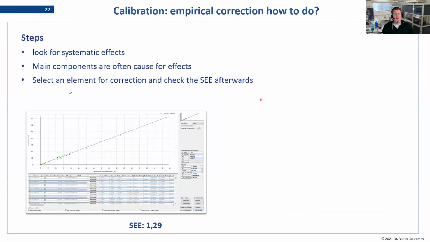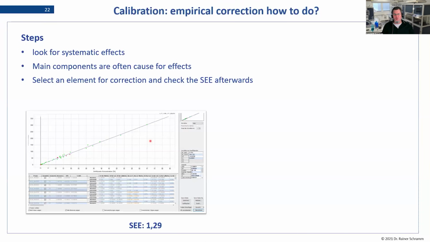You need to look for systematic effects. We have to be aware that the main components, which are present a lot, usually cause these effects. And most software allows you to play around a bit, to experiment: hey, calculate this correction factor for me. And if it's negative, there are certain indicators on how to decide if this is usual or not.